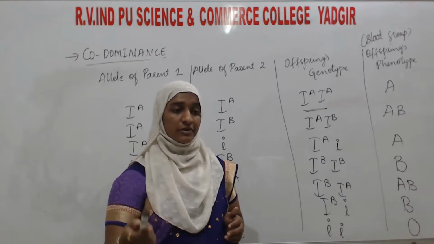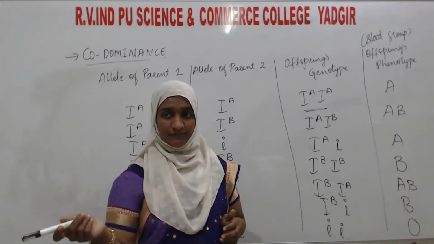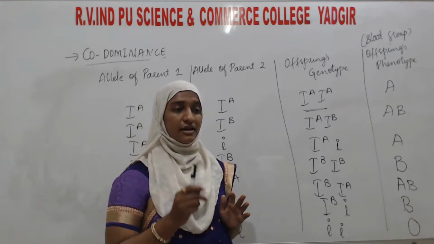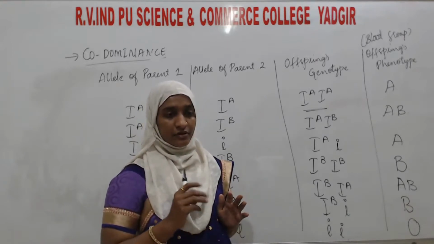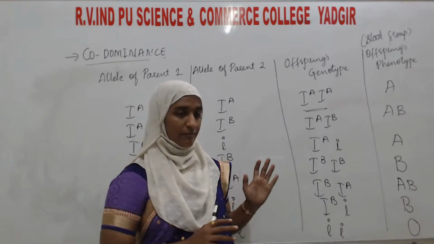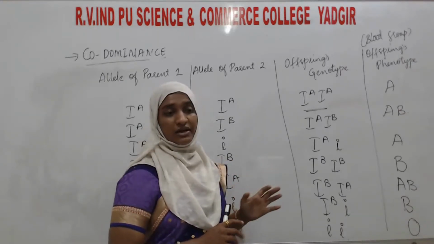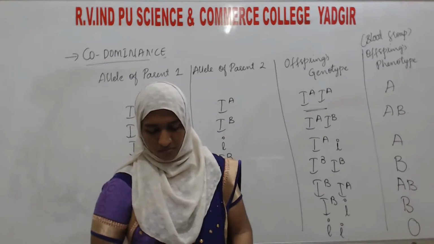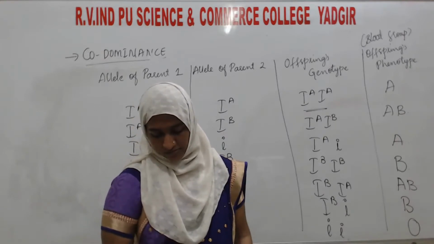More than two means it may be 3, 4, 5 like that. But here in the human blood group, there are three alleles. So it is a good example of multiple alleles. In the next class, I will explain about the multiple alleles.